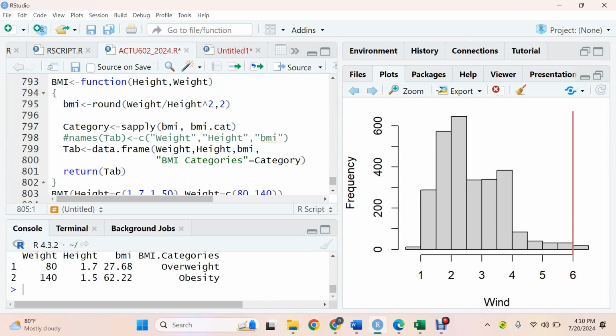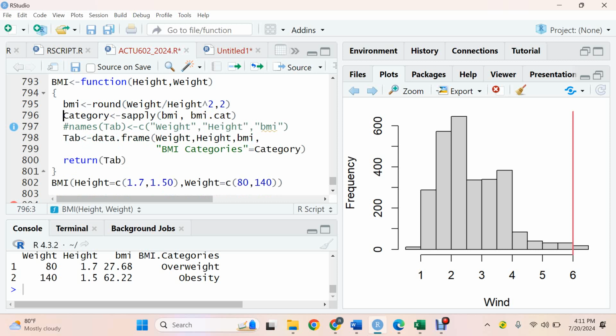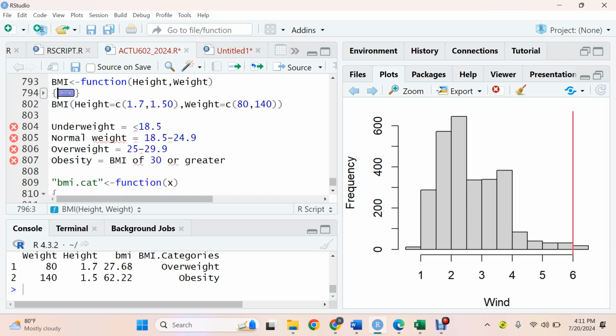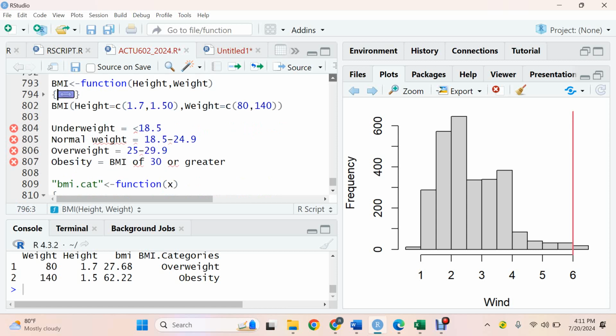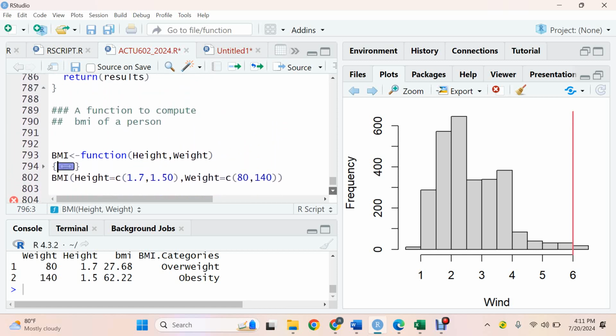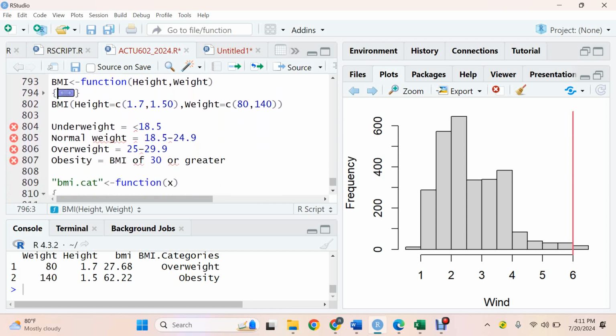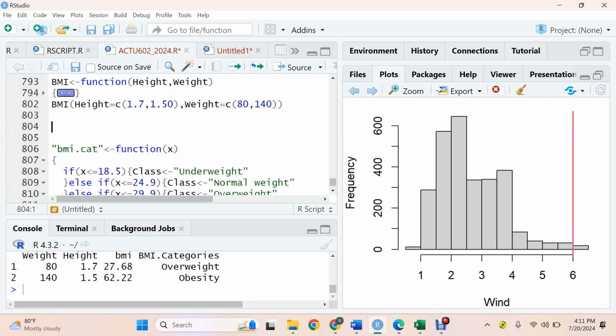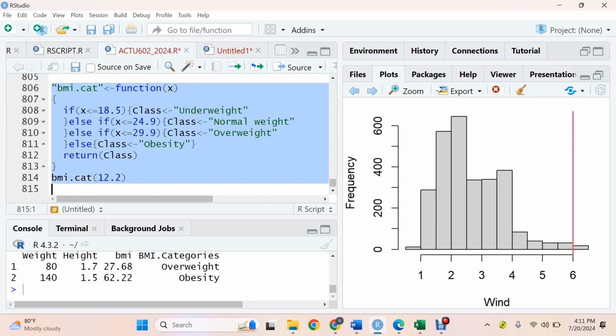It has a name, it has a body, you do your computations, you return something. This one calculates the BMI, but I also wrote another function which calculates the category of the BMI. And then I call one within the other. So that's how you write functions.